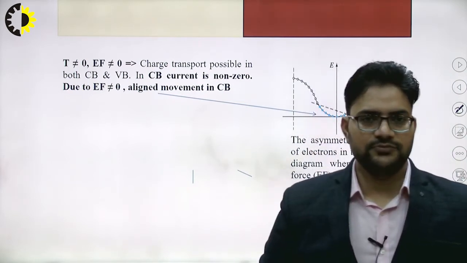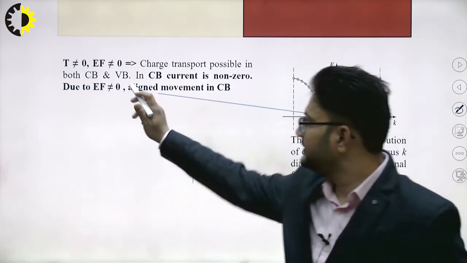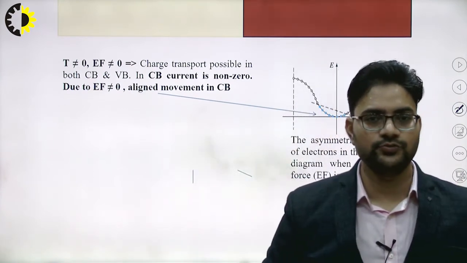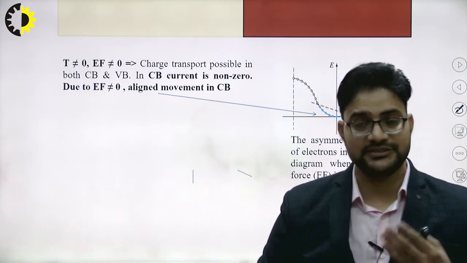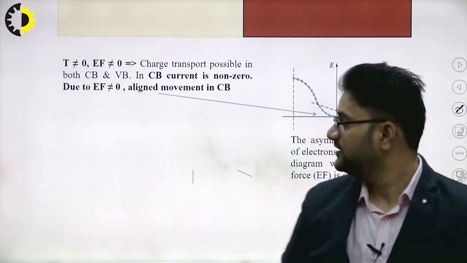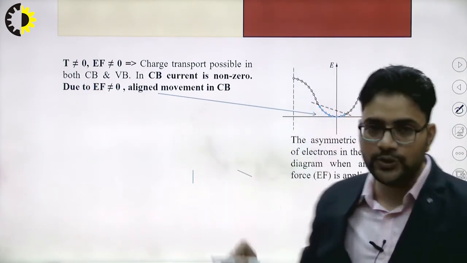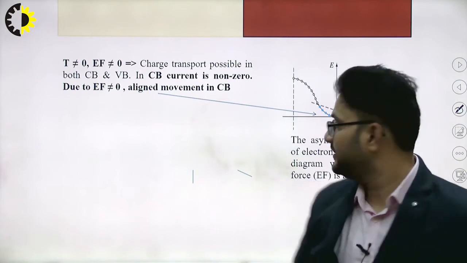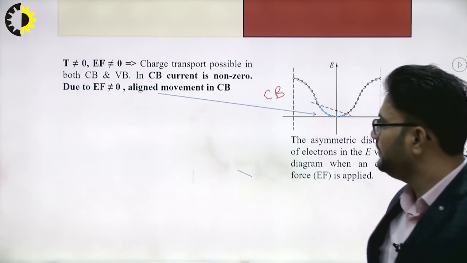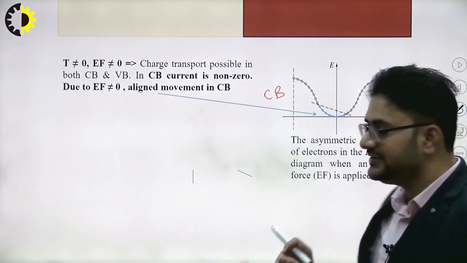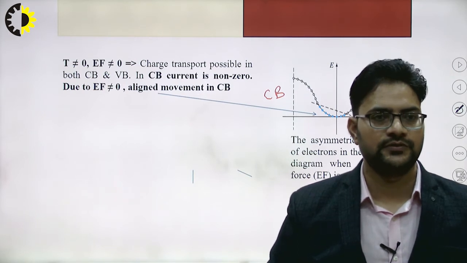Now come to the fourth case. In the fourth case, temperature is not equal to 0 and an electric field is also applied. Temperature is non-zero, electric field is applied. In this case, there will be an unequal distribution of the electrons in the conduction band. If you consider this as the conduction band, there will be an asymmetrical distribution of the electrons, right?